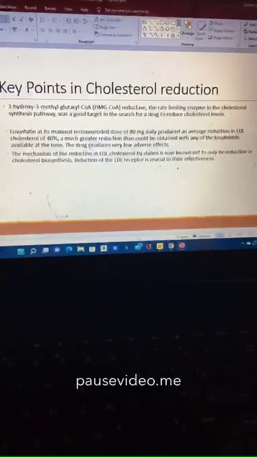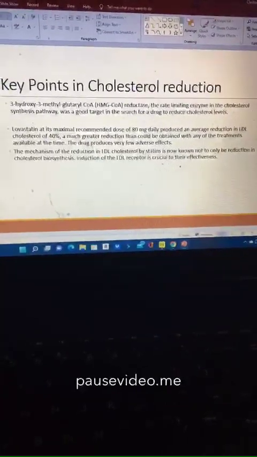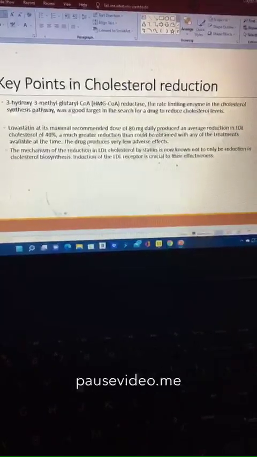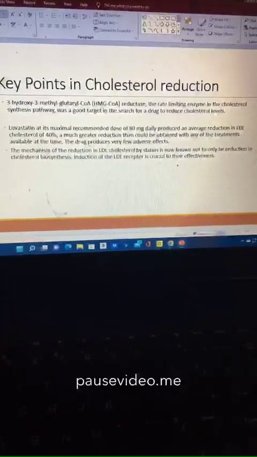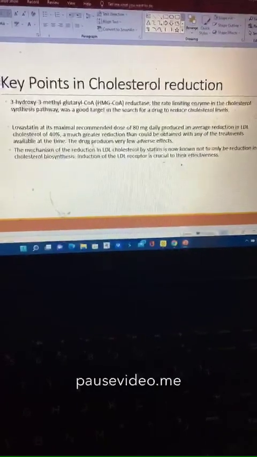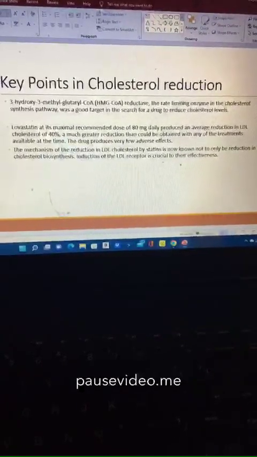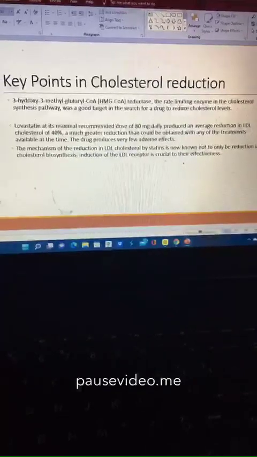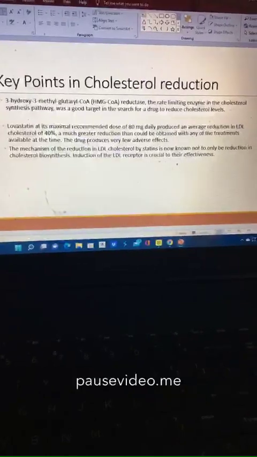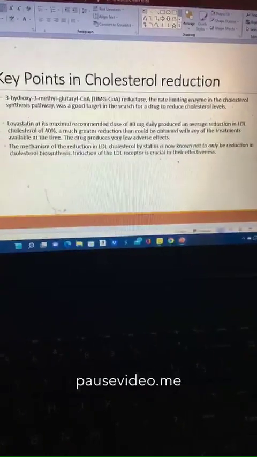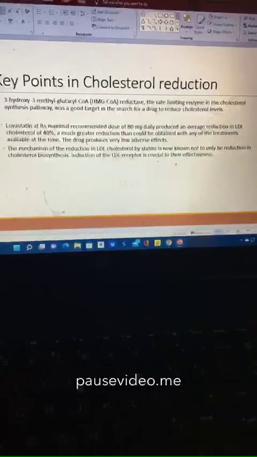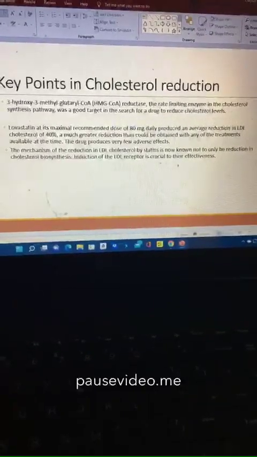And these are some facts about Lovastatin: not only do they work on cholesterol, but they also affect LDLs as well, which are the quote-unquote bad fats, which also need to be affected in order to lower cholesterol.